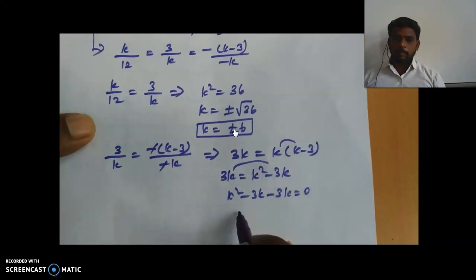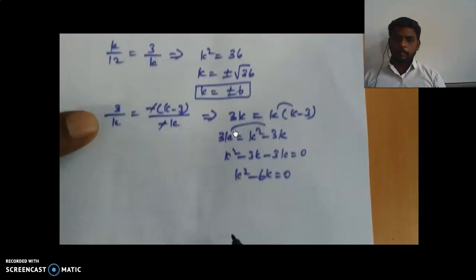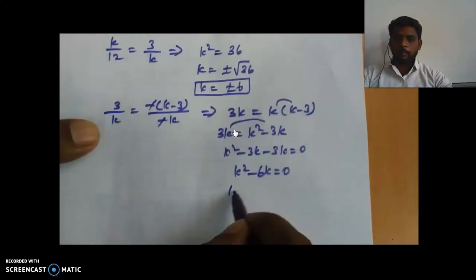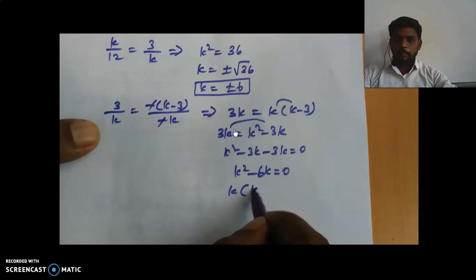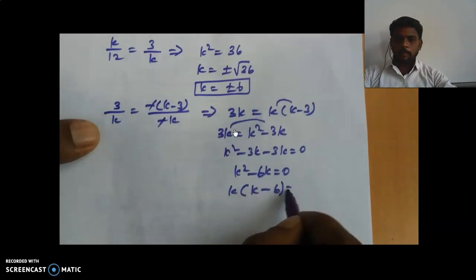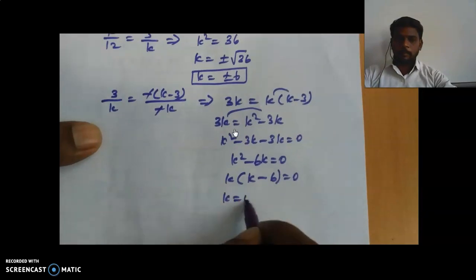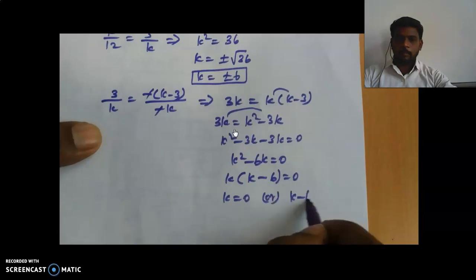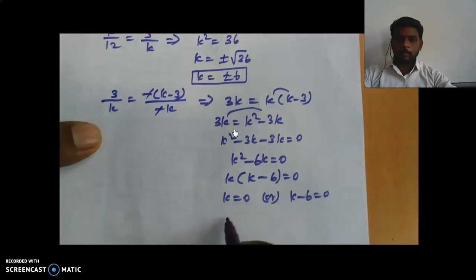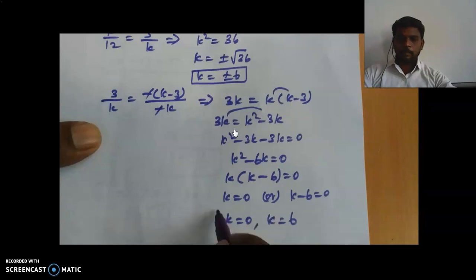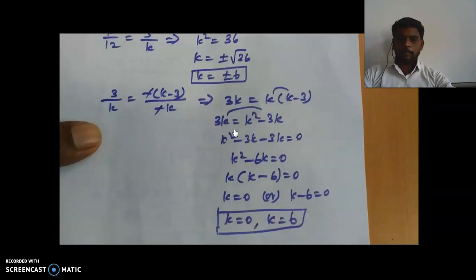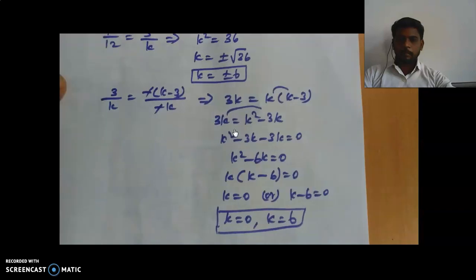So k square minus 6k equals 0, because of like terms, and take k as a common factor. So here k into k minus 6 equals 0, right? So either k equals 0 or k minus 6 equals 0. So k equals 0 and k equals 6. So these are the other possibilities of k values.